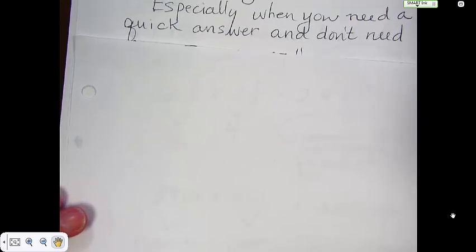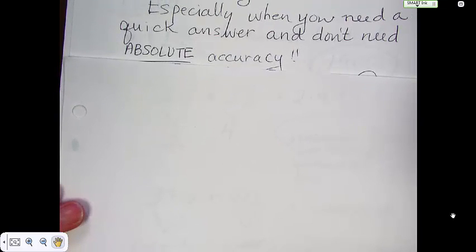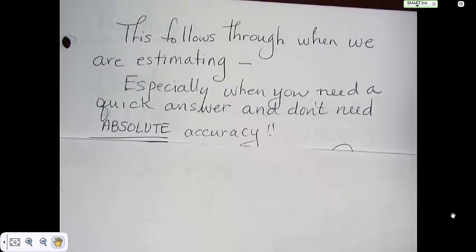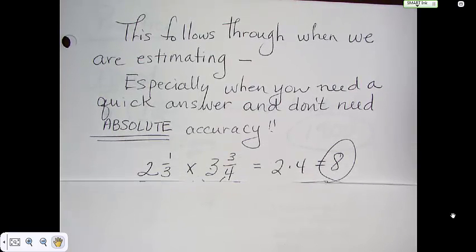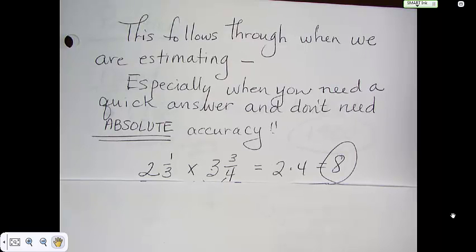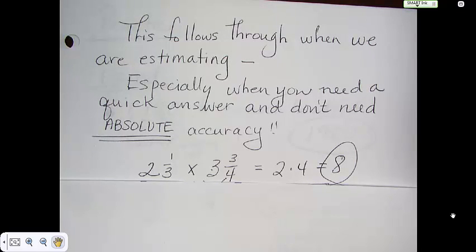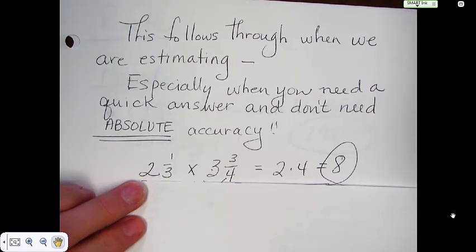This follows through when we are estimating, especially when you need a quick answer and don't need absolute accuracy. You will estimate. Okay? So, for instance, 2 1/3 times 3 3/4, we would decide, is that 2 1/3 going to just stay 2, or is it going to go to 3?